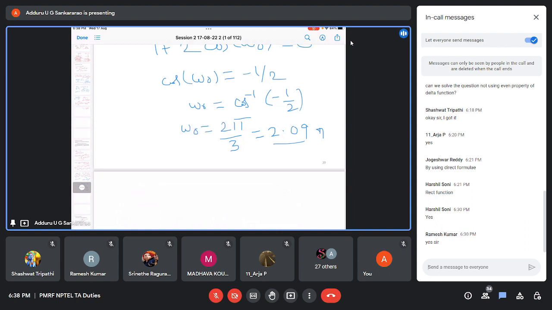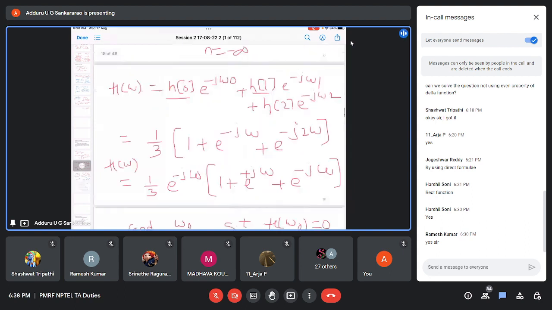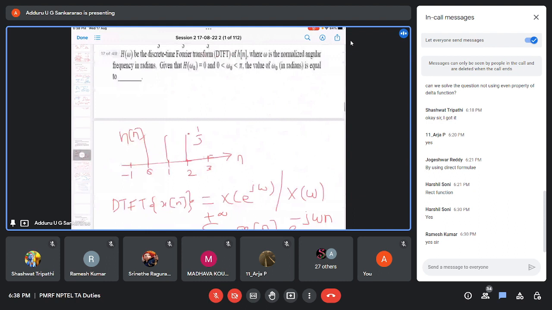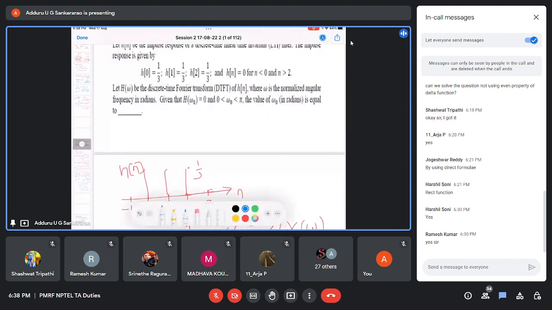In the question, it is a fill in the blank type question, right? 2.09 approximately, but they'll allow some error. In GATE, for a fill in the blank kind of question, they allow some deviation, maybe from 2.05 to 2.10. If you write anything in between, it will be taken as correct.